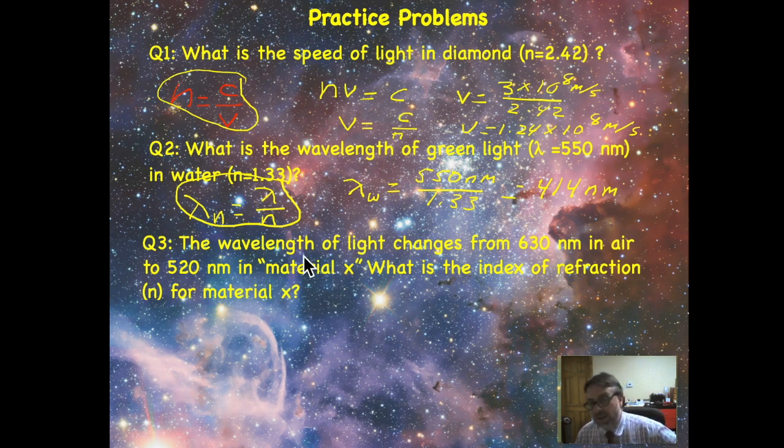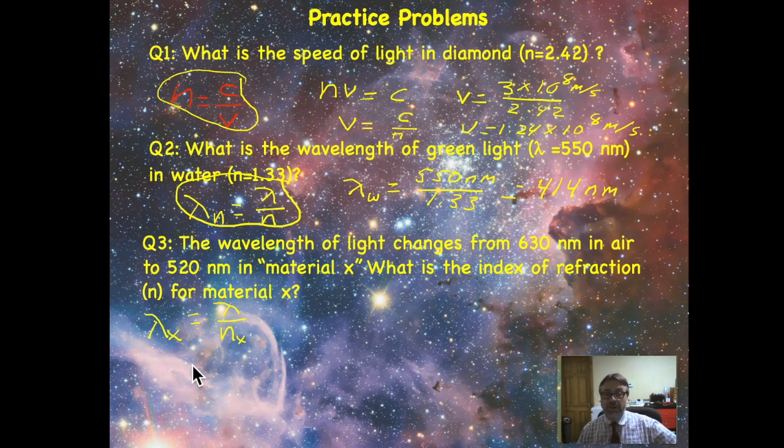Q3 is another application of this. The wavelength of light changes from 630 nanometers in air to 520 nanometers in material X. What is the index of refraction for material X? So again, I'm going to make note that the wavelength in material X is going to be equal to the wavelength in air divided by the index of refraction of material X. That index of refraction is what I'm looking for, so I'm going to solve for it.